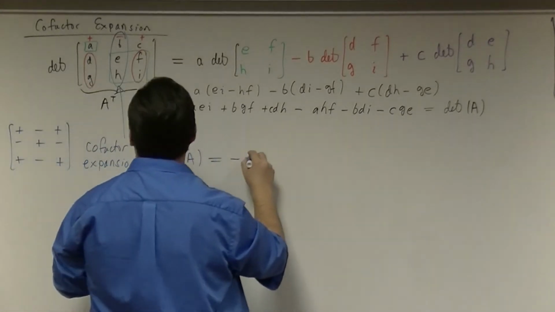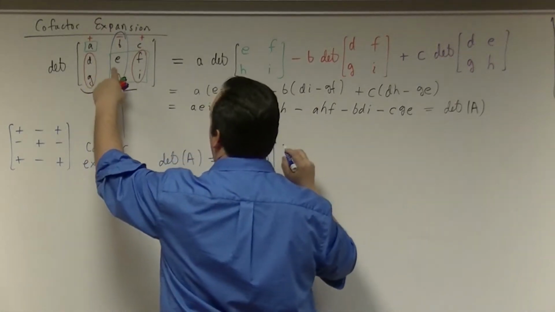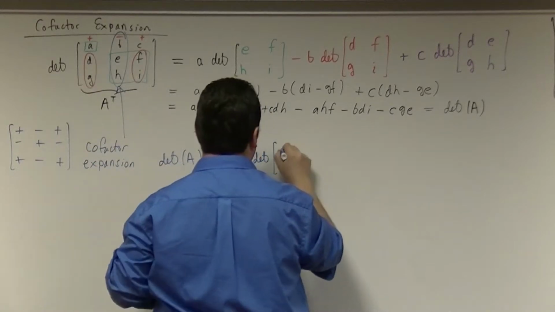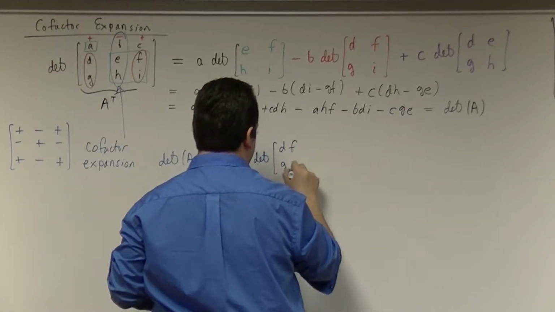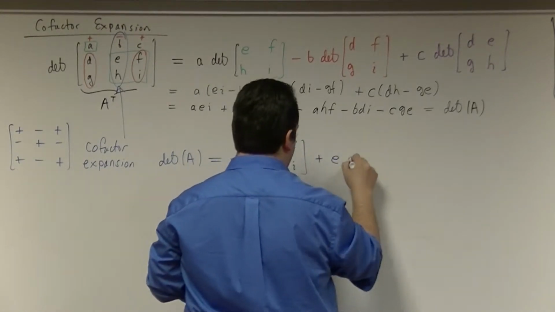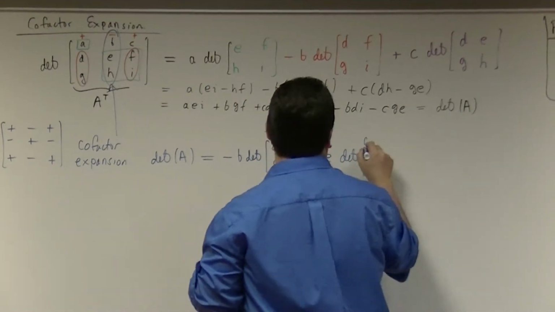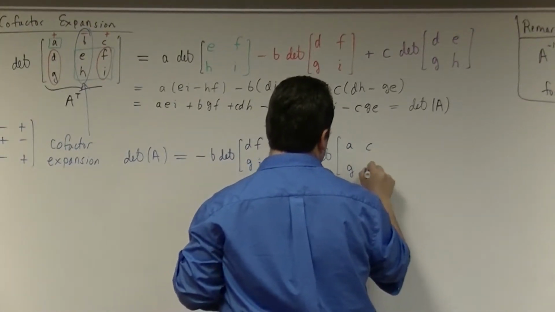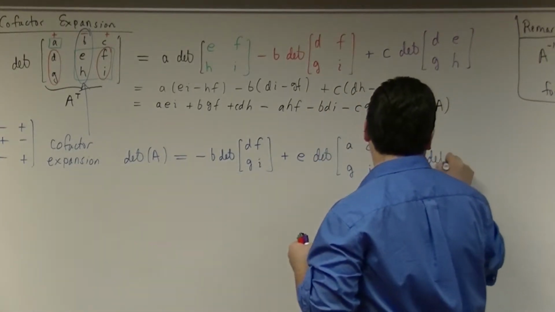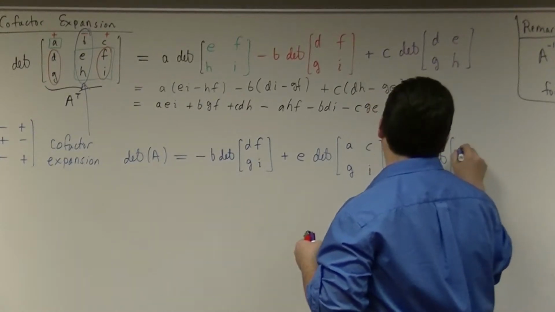I have minus B times the determinant of everything that's not in the B spot, which would be D, F, G, I. And then I do plus E times the determinant of A, C, G, I. And then I do minus H times the determinant of A, C, D, F.